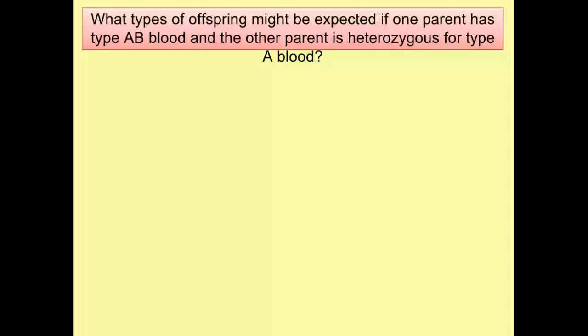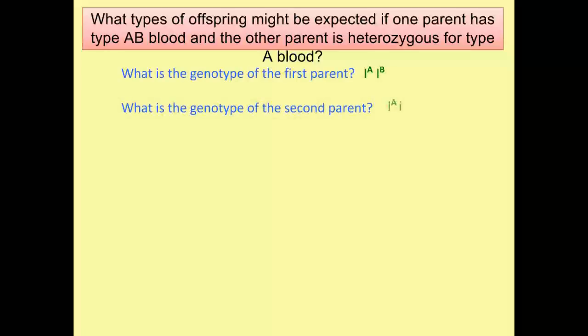So that would be an I with a big letter A and an I with a big letter B, with another parent that is heterozygous for type A. If the mom is heterozygous for type A, it would be big I, A, and then little i. So there we show the genotypes.